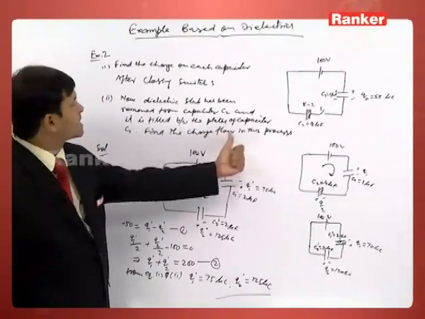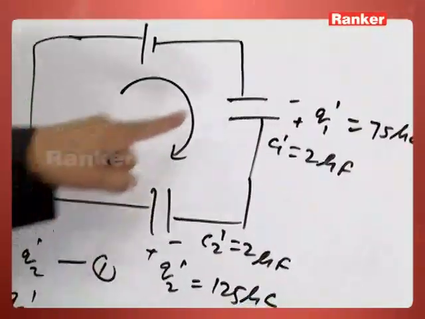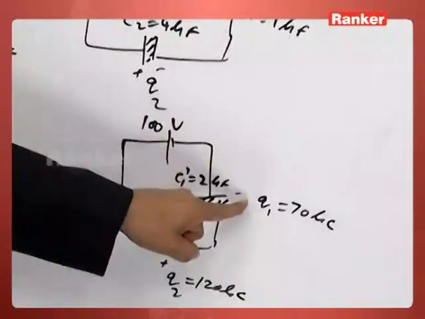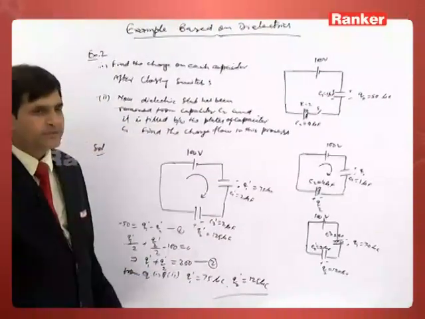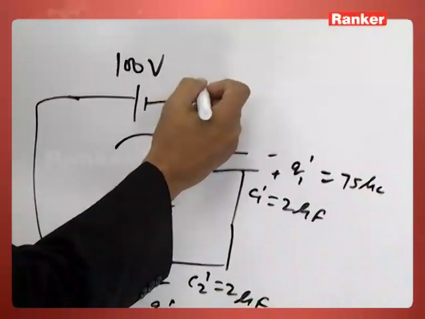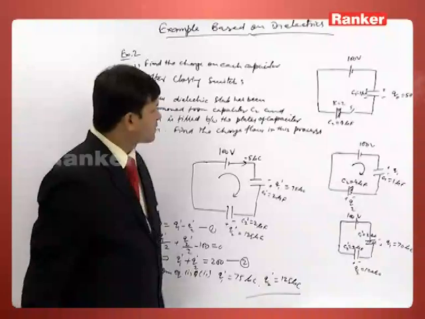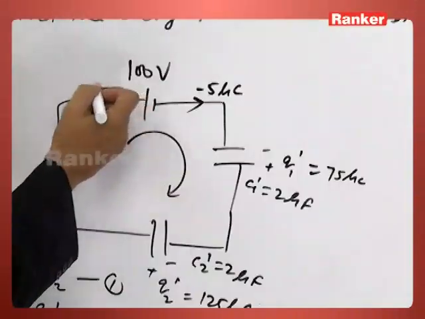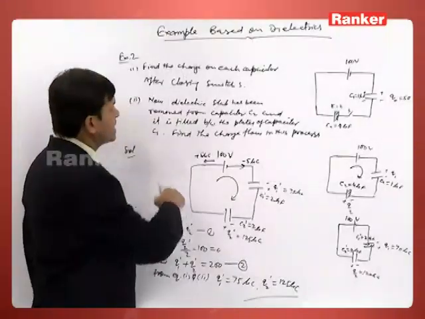The question is how much charge flows in this process. Initial charge, meaning without changing the dielectric slab, the charge on this was minus 70. Now here the charge is minus 50. So how much charge flowed on this side? Total charge of minus 5 microcoulomb has flowed on this side, through the battery, or we can say plus 5 microcoulomb flowed on this side.